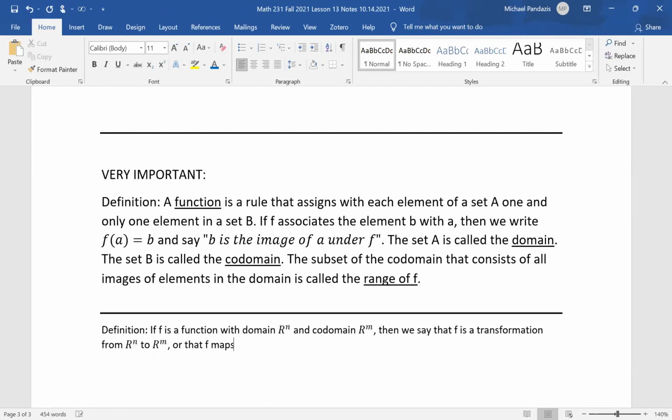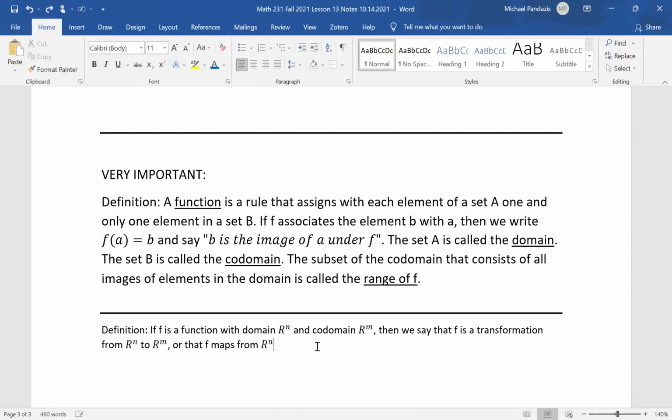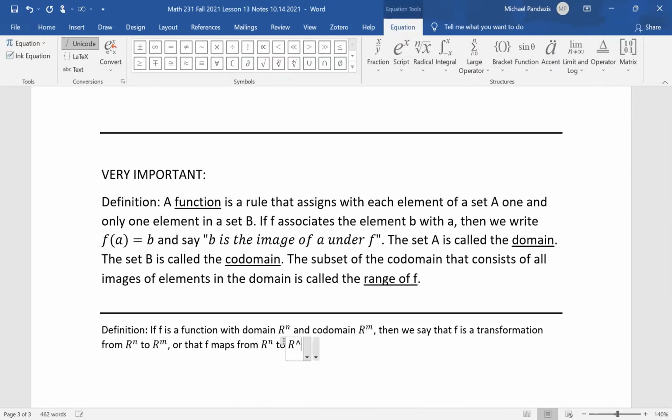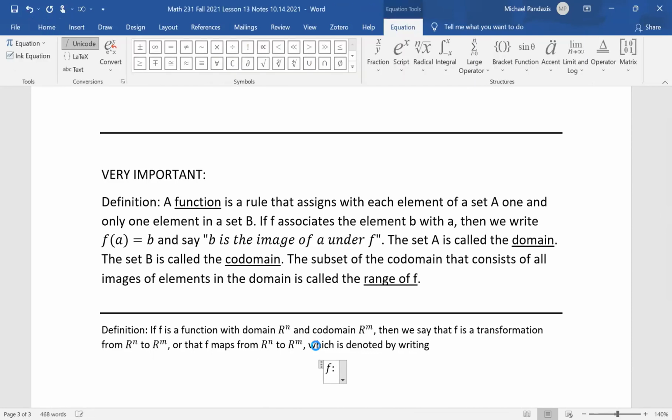Or that F maps from Rn to Rm, which is denoted by writing F from Rn to Rm.